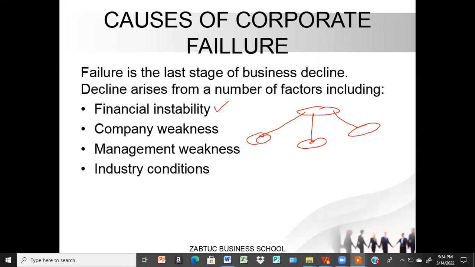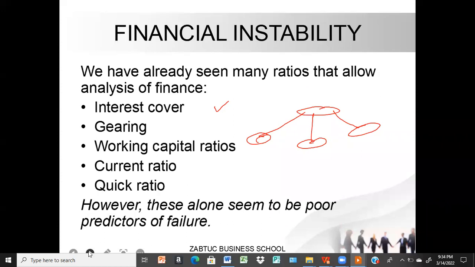The industry is just failing. So these are factors that could contribute to failure of an organization, of a unit. What are these factors all about? Financial instability. By your ratio analysis, you may just discover that a unit is financially unstable.